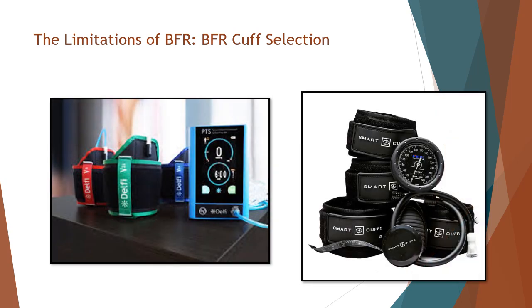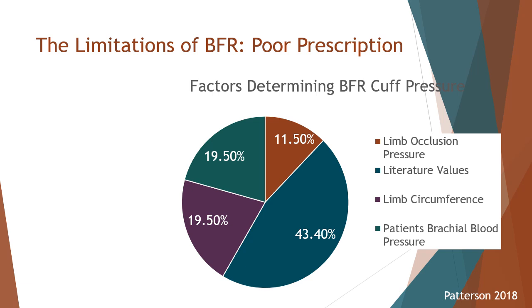The ones that are endorsed, as I alluded to earlier in part 2, would be the industrial unit, specifically the one that's put out by Delphi or Owens Recovery Science, or an FDA-approved cuff such as that of SmartCuffs. But when you look at least as of 2018, the poor prescription that was utilized for determining pressures, right?